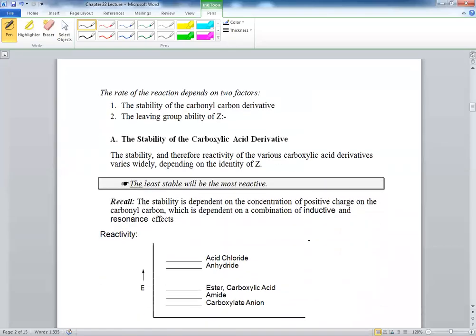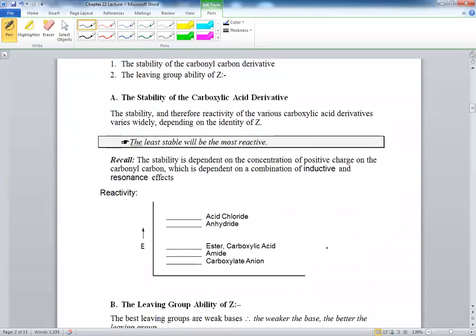If you recall, when it comes to the stability, we explored this in Chapter 20. We had inductive and resonance effects. All we need to remember is that on the bottom right here, this is the most stable, which means the least reactive.